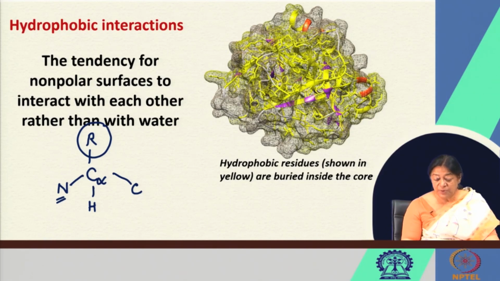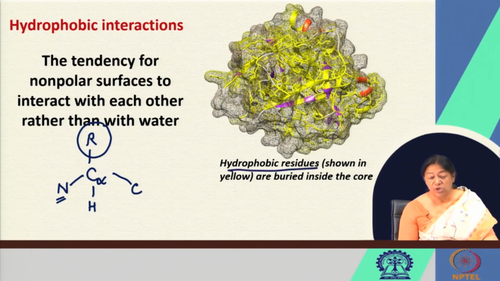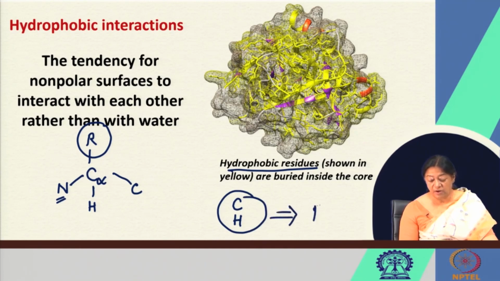So, when we look at a regular globular protein and we look at all the hydrophobic residues, we have to identify which are the hydrophobic residues, and that is something we have to know: which ones are the side chains that have carbon and hydrogen present in their R group.